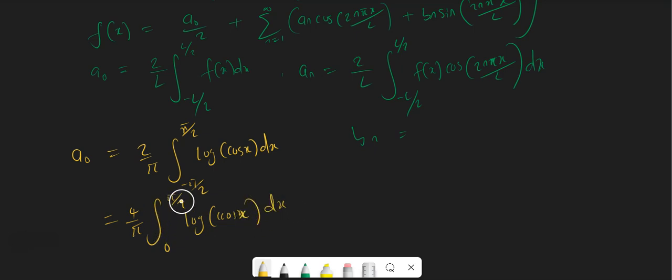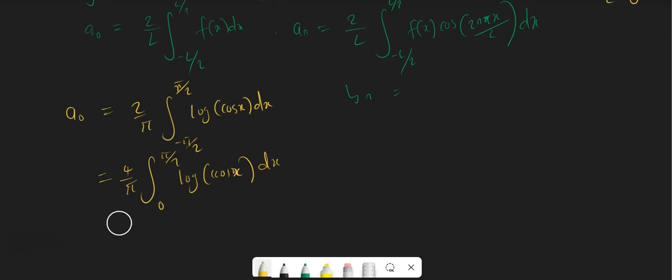Now we already know the value of this integral is negative pi over 2 log 2 from the theory of definite integrals. So this equals 4 over pi times negative pi over 2 log 2, so you get negative 2 log 2.